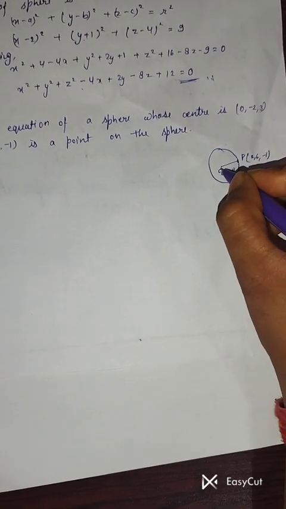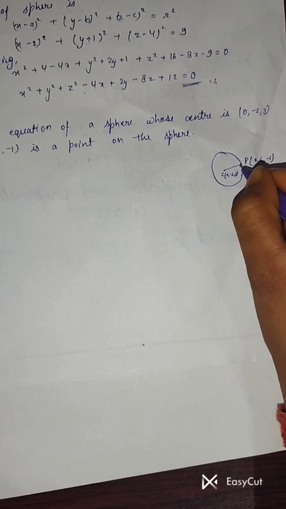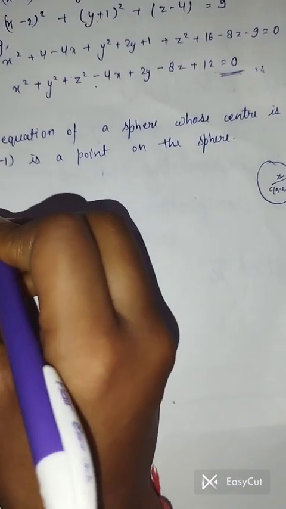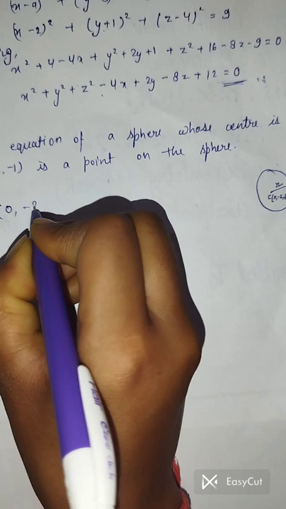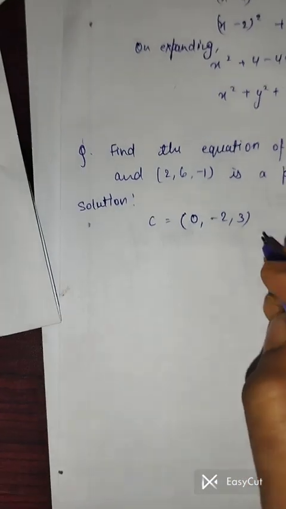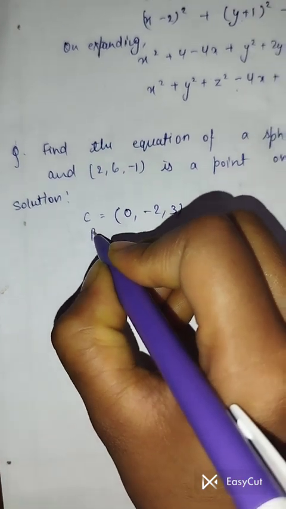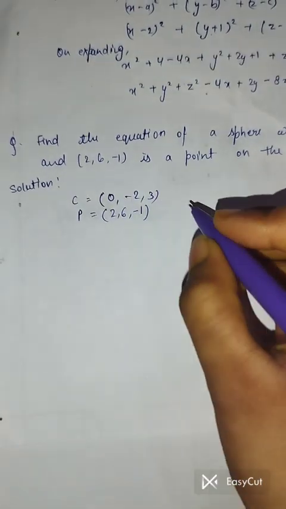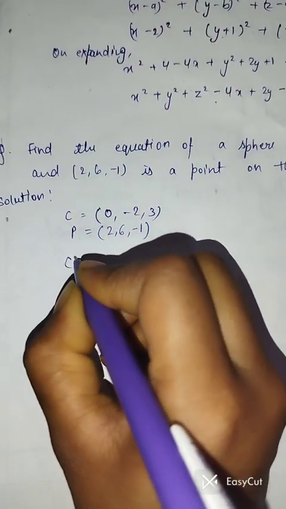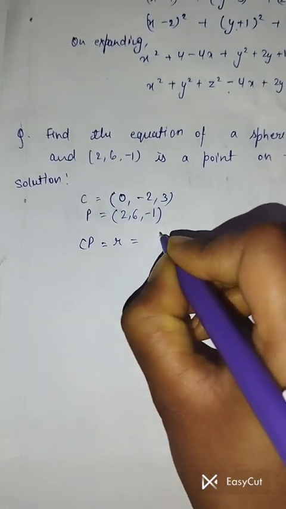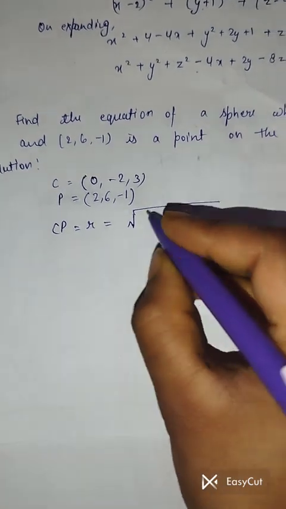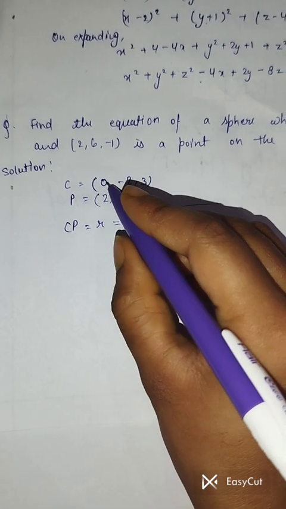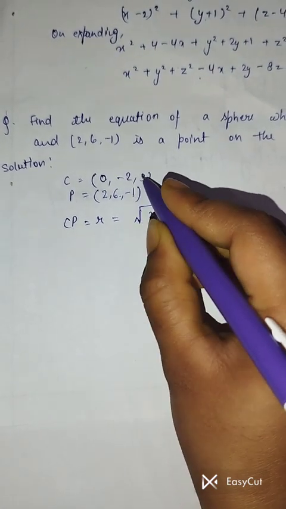So the distance between C and P will be our radius. So by using the distance formula, we will get the distance between C and P. So the distance CP is equal to R is equal to, we will apply the distance formula here, that is x2 minus x1, this is x2 x1 y2 y1 z2 z1.